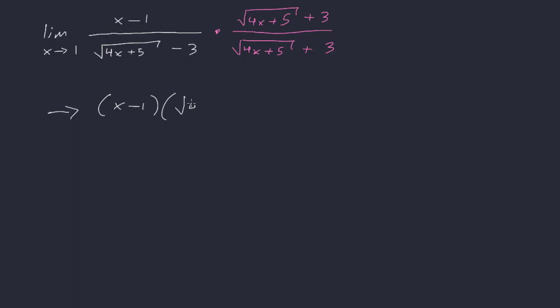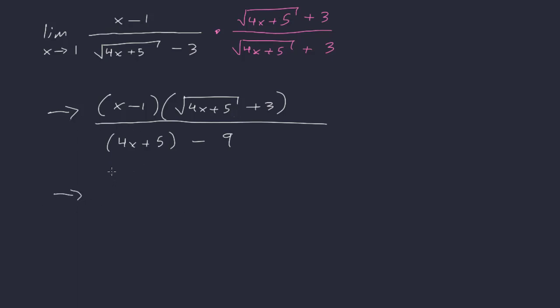So we leave this part alone. Be careful with your parentheses. It's a good way to get a wrong answer if you're not careful. And then here, it's just going to be the difference of squares. So it's going to be that first term squared, so that will be 4x plus 5, minus the second term squared, which will be 9.